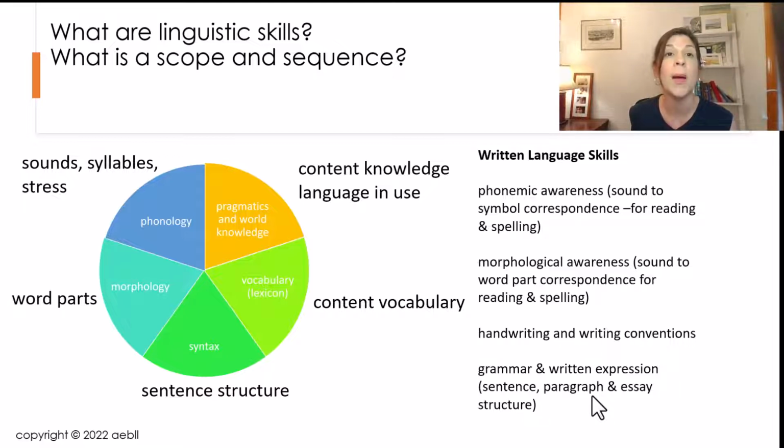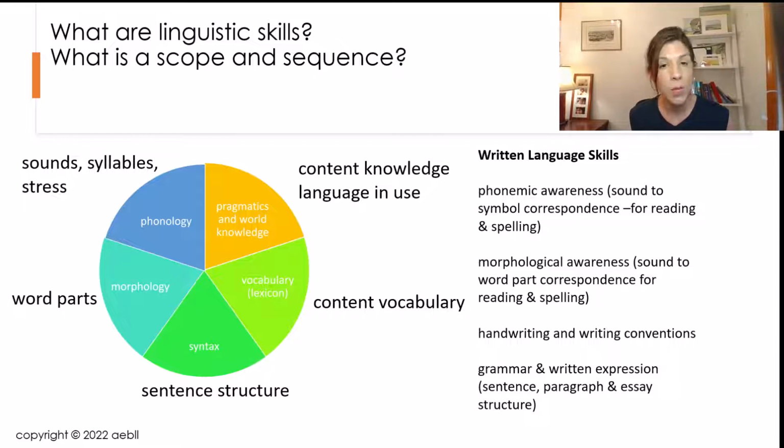So when I talk about scope, I'm talking about all the different skills that I just described to you. And when I talk about sequence, I'm talking about introducing these skills step by step, week by week, in a sequence that makes sense for language acquisition.